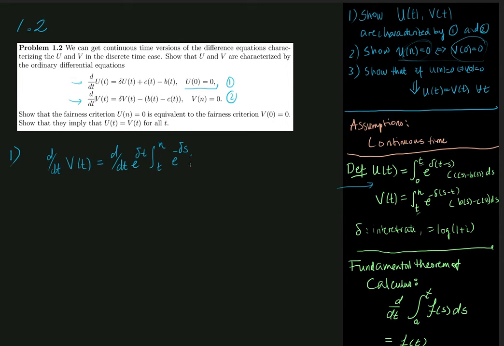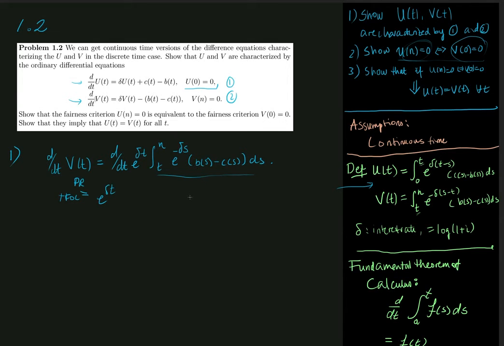And then I have b of s minus c of s ds. And I can use the product rule yet again. So product rule and fundamental theorem of calculus. So I have e to the delta t not differentiated, and then I differentiate this integral with respect to t.